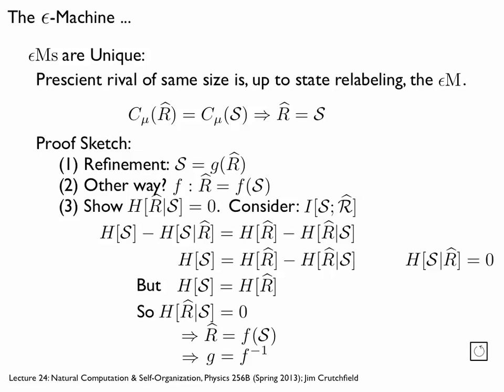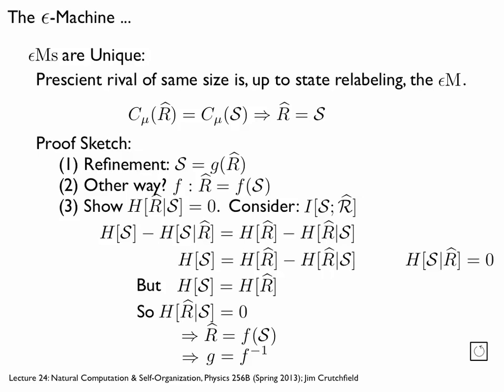And this takes just a little more work to do. The claim is that a prescient rival of the same size, the same statistical complexity, is essentially the same thing as the epsilon machine, up to you and me disagreeing over what we call the states.